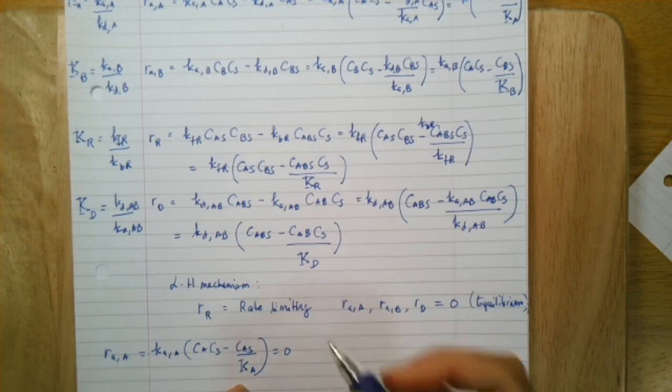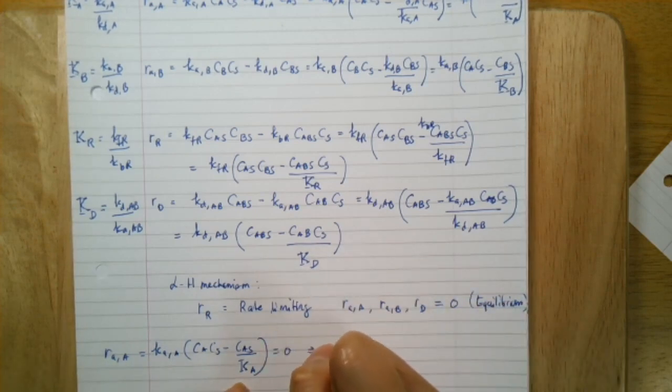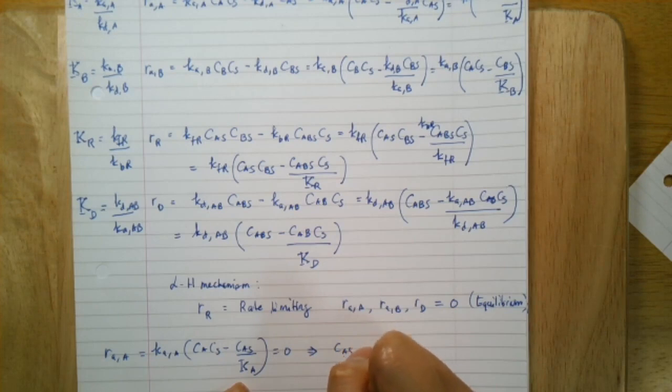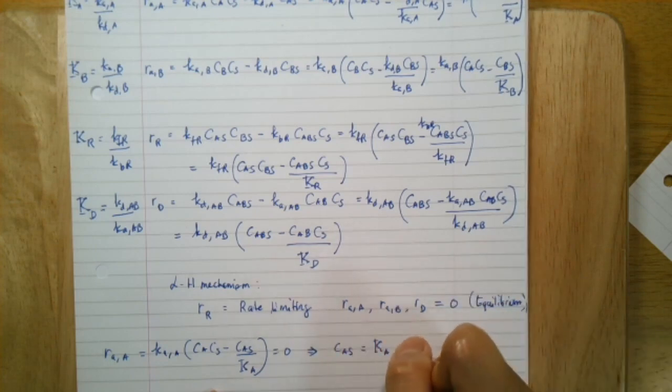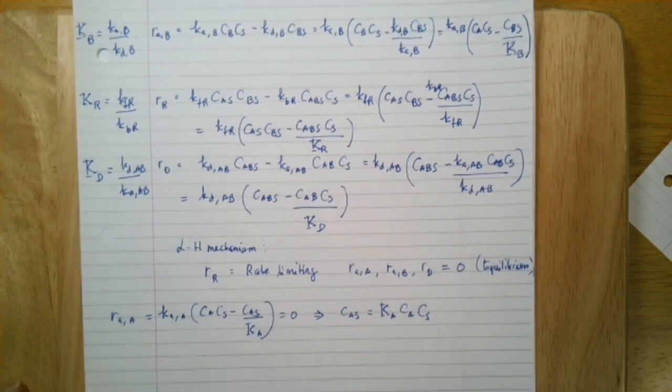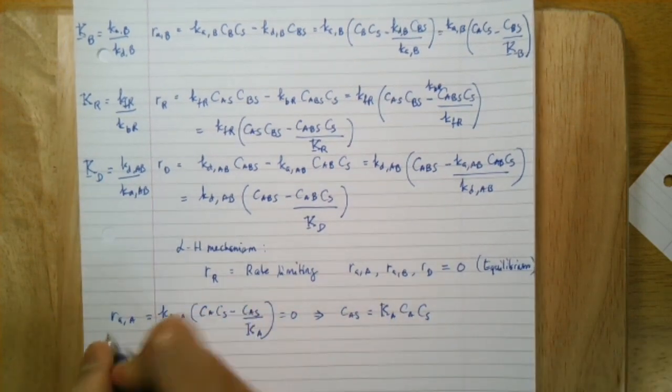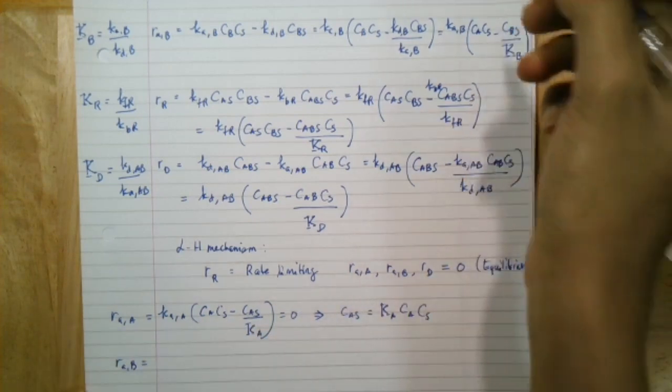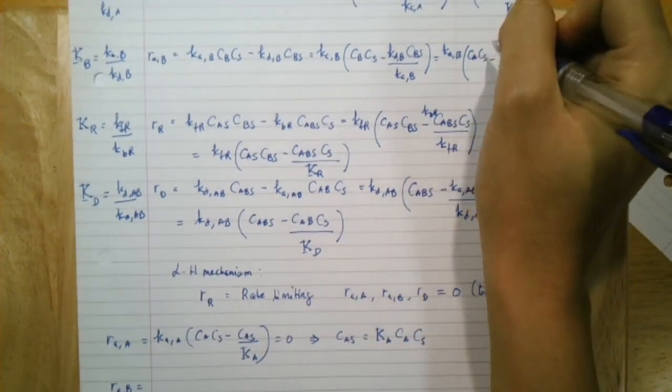Therefore, from this, we can say that CAS is equal to KA CA, where CA is the bulk concentration, times CS. We can do the same thing for B. So our RAB is equal to this, and this is actually CB.